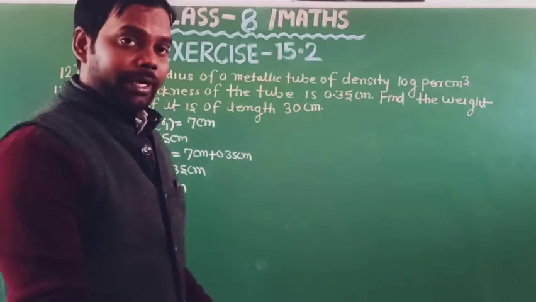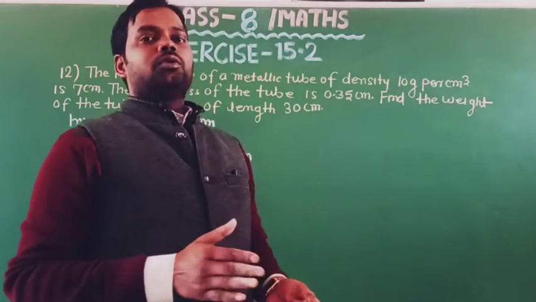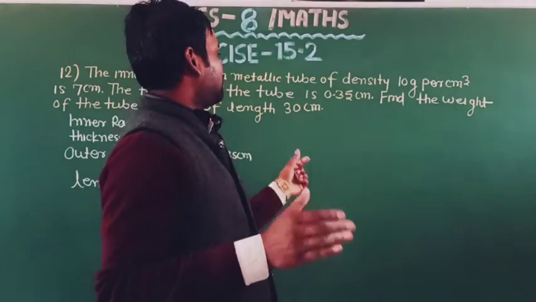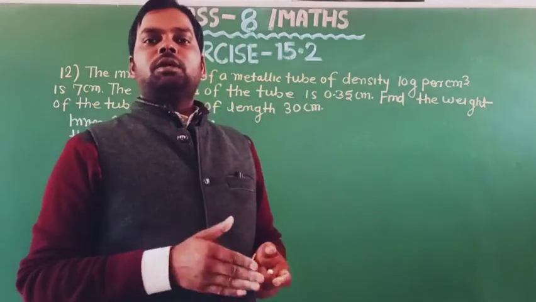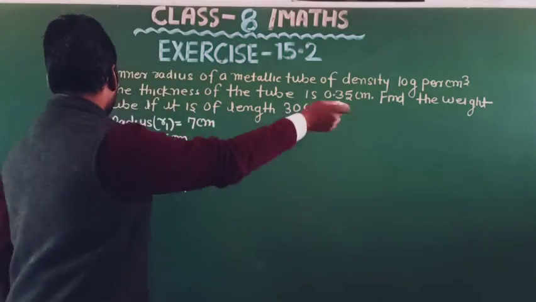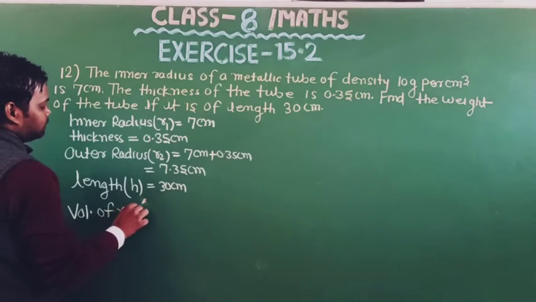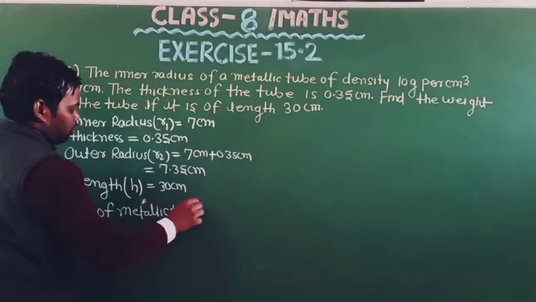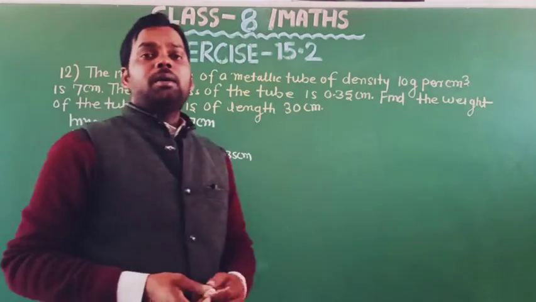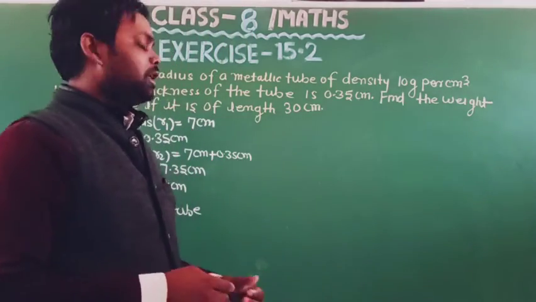So to find the weight of the metallic tube, before finding the weight, first I will find the volume of the tube. Volume of the metallic tube equals the volume of the outer cylinder minus the volume of the inner cylinder.